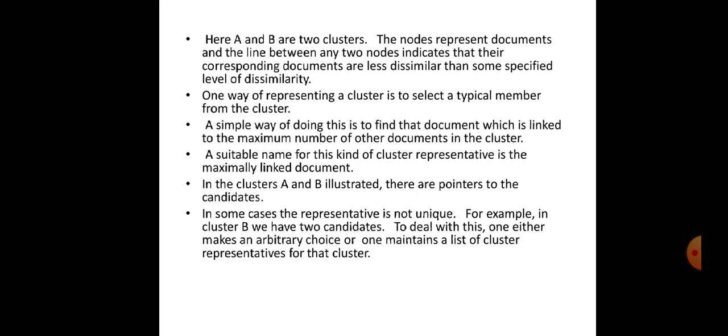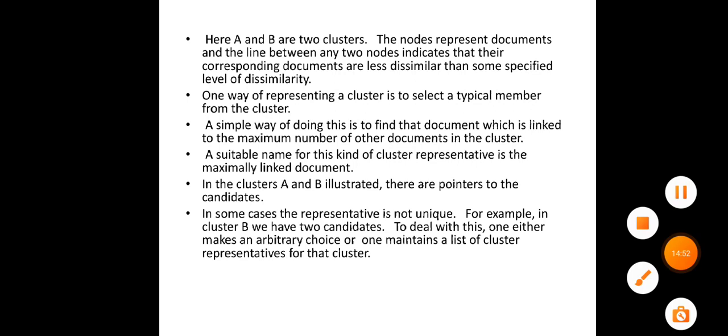To deal with this, one either makes an arbitrary choice, we can arbitrarily select one node, or maintains a list of cluster representatives for that cluster. Hope it is clear. We will be maintaining a list of cluster representatives. Otherwise, we can arbitrarily select one representative. Hope it is clear.